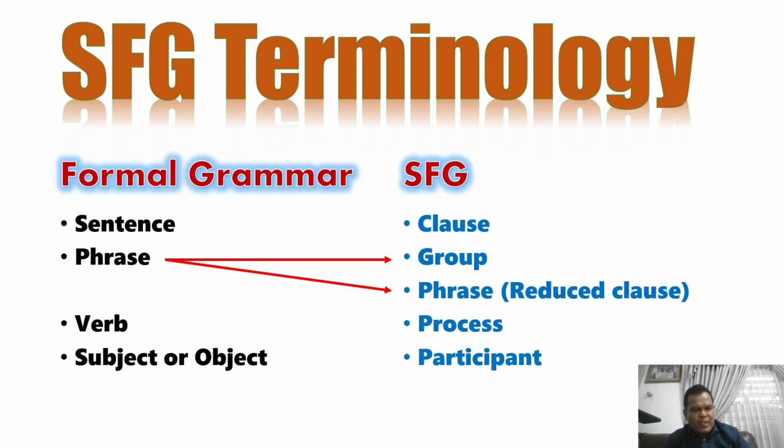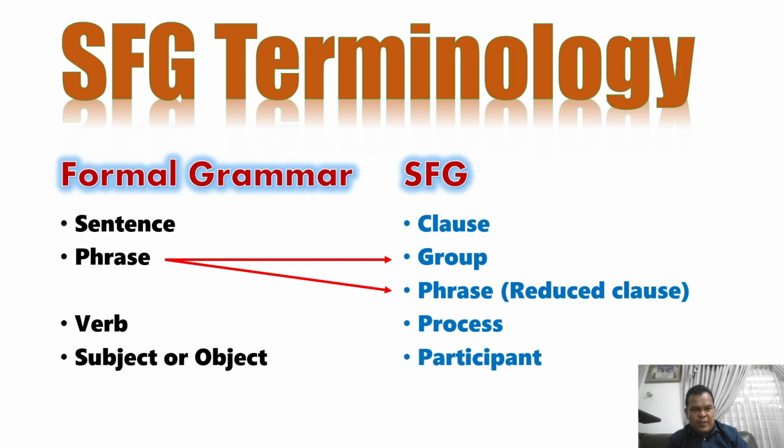However, the term sentence is used as a clause in SFG. So we don't care what type of sentence you have, whether you have a complex sentence or compound sentence or compound complex sentence, all of the sentences are called clauses in SFG. We only use the term clause.